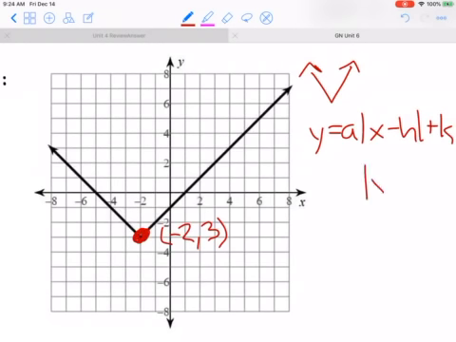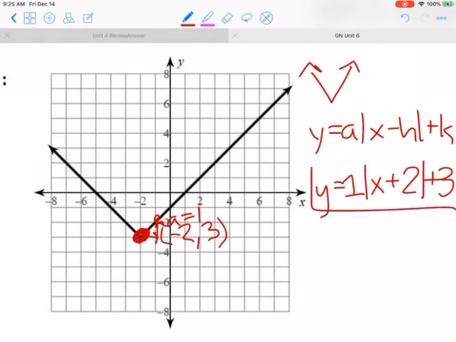So when you put it in the absolute value, we're going to switch the sign because it's with x, and then the +3 doesn't change. And then we're going to count. From here, we go right 1, and you have to go up 1 to get to that point. So A equals 1. And that's it. Writing the equations is super easy.